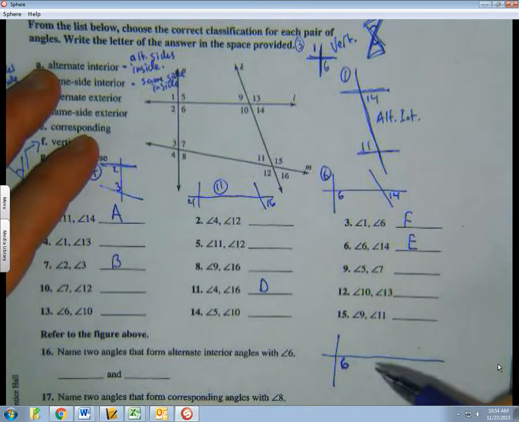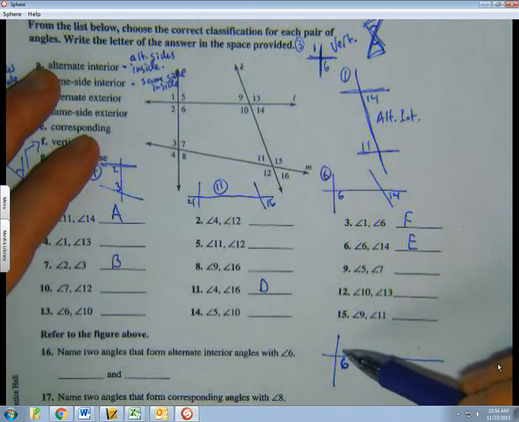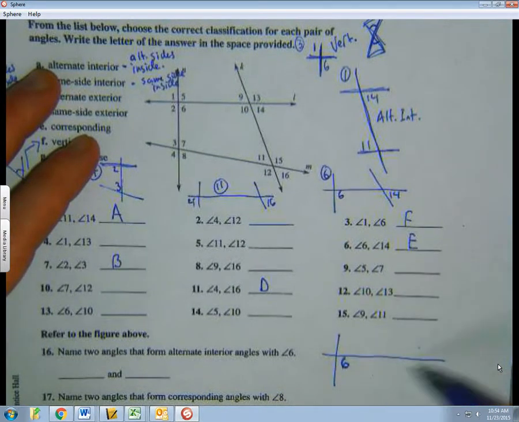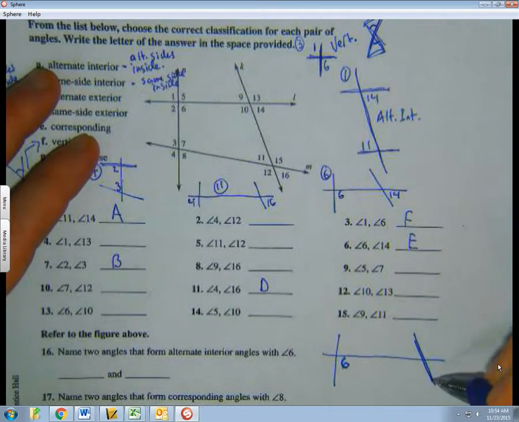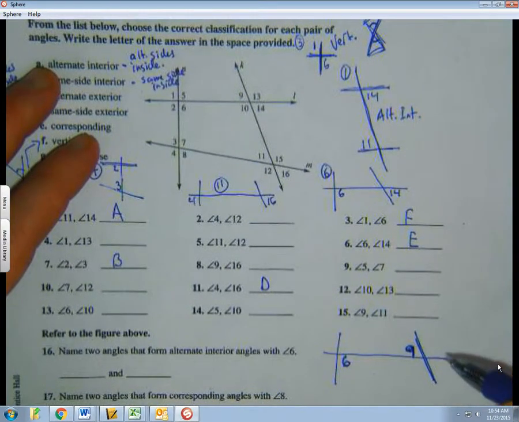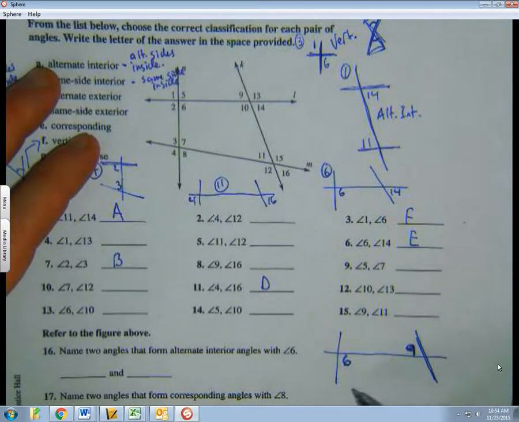And we want alternate interior. So we need something that's going to be in here. So alternate interior would be that, because those are both on the inside. So that's the first piece. And then we also look at this piece inside here. So 6 and alternate will be 3. So angle 9 and angle 3.